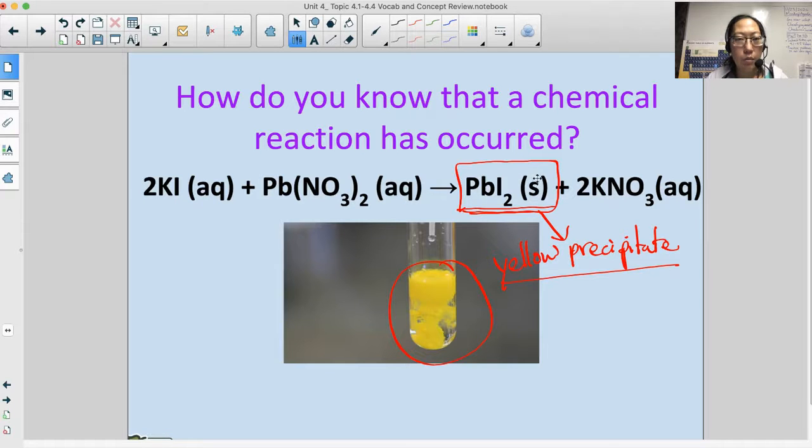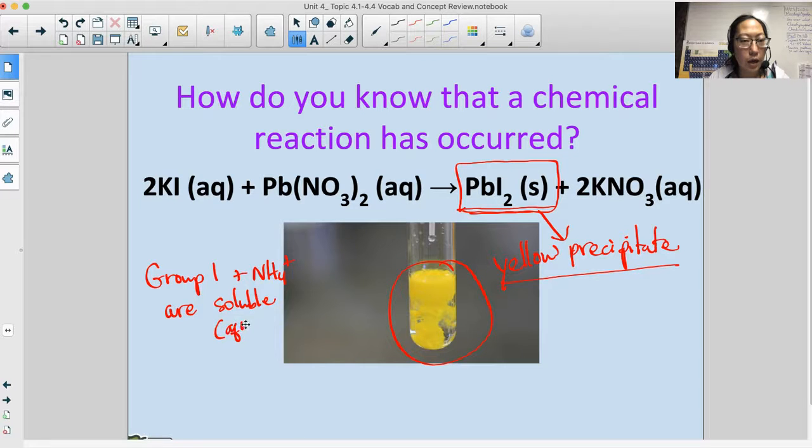Now, how do we know this is solid? Well, in AP Chem, there are a few solubility rules that you need to memorize. So you would need to memorize that group 1 and NH4 plus are soluble, meaning aqueous.